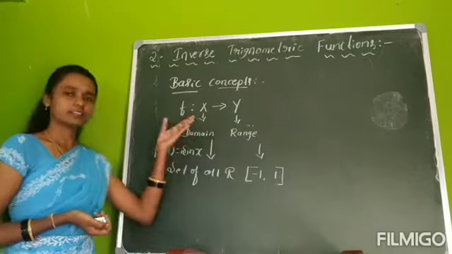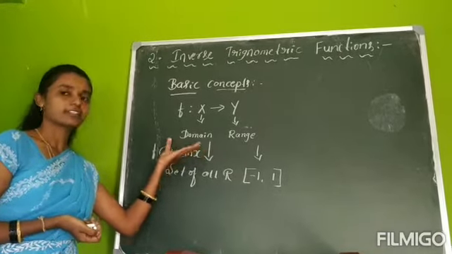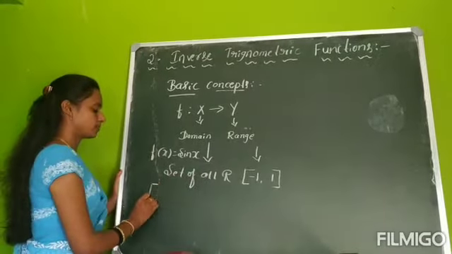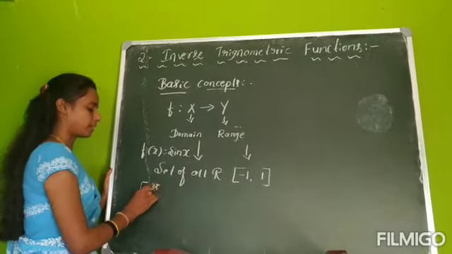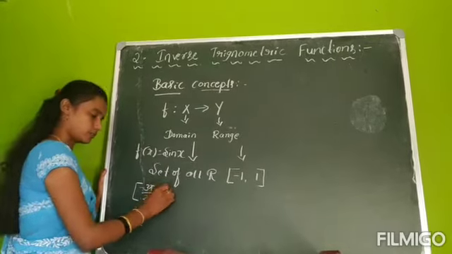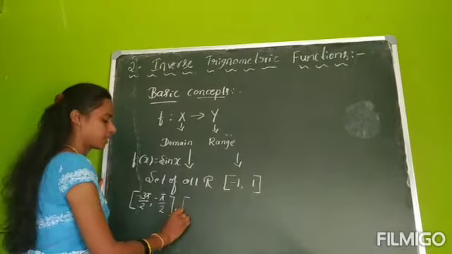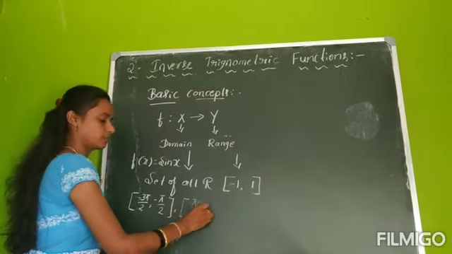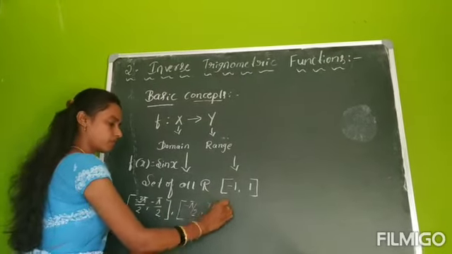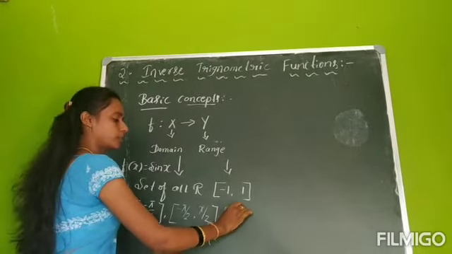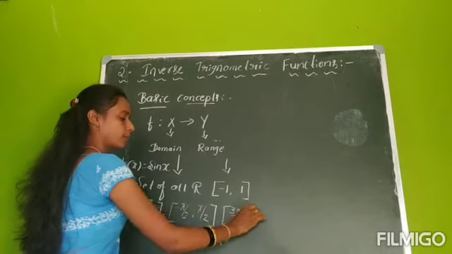Now this sine can be restricted to any interval: minus 3 pi by 2 to minus pi by 2, or minus pi by 2 to pi by 2, or positive pi by 2 to 3 pi by 2.